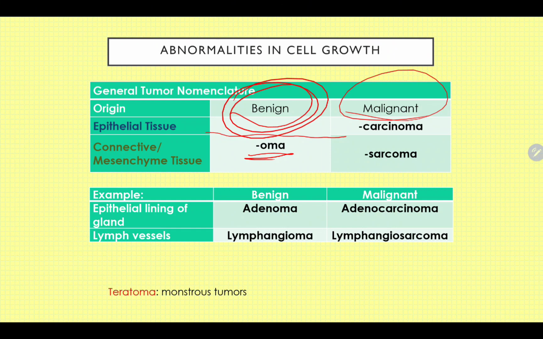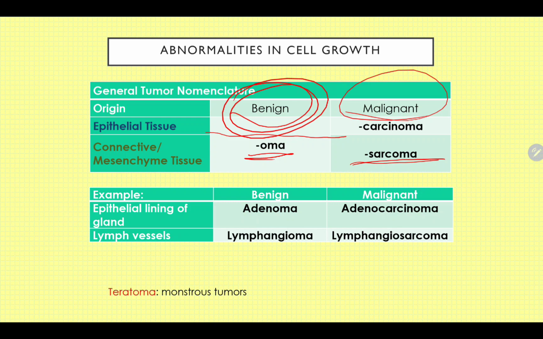Carcinoma. If the origin is epithelial, carcinoma. If the origin is connective tissue or mesenchyme, and malignant, the doctors usually term the tumor as sarcoma. Connective tissue. That's why you will see different types of tumor, right?